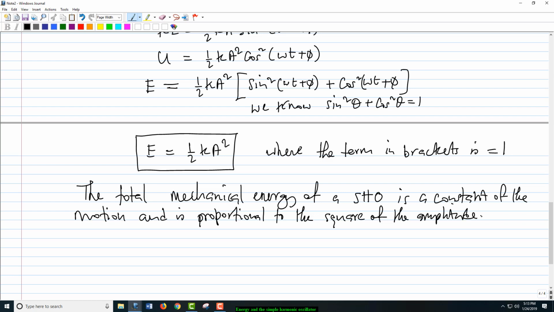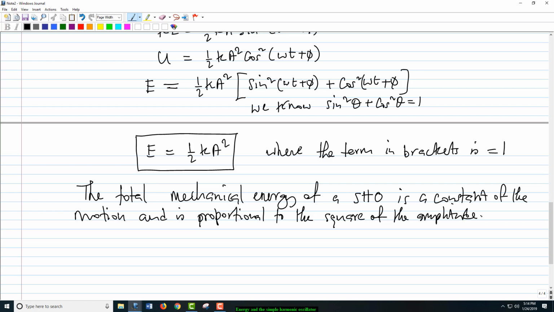So when we consider a system in oscillatory motion, for example, a block at the end of a spring, as the block oscillates, it reaches its maximum potential energy where the spring is either fully extended or fully compressed. At those points it comes to a stop, so the speed is 0, which means the total energy is just the potential energy, because the displacement x is at the maximum.